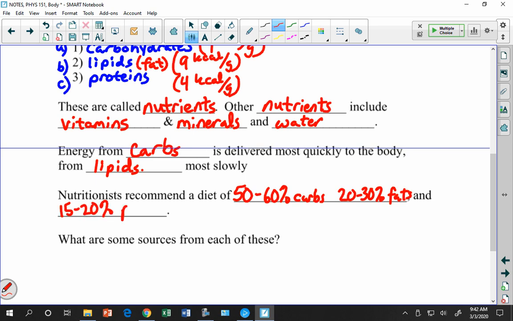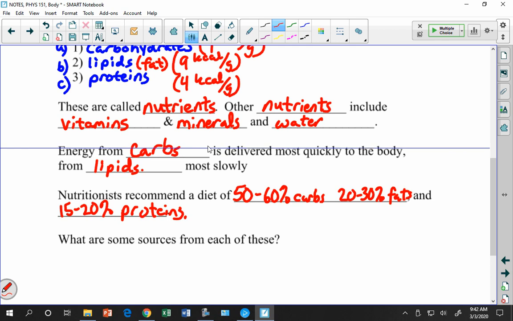And that's what it says in your book. I'm not a dietitian, so that may be different now. Anybody know? Is that what dietitians recommend now? We should get Dr. Scott in here to talk about it. Yeah, okay. 50 to 60% carbs, 20 to 30% fats, and 15 to 20% proteins.